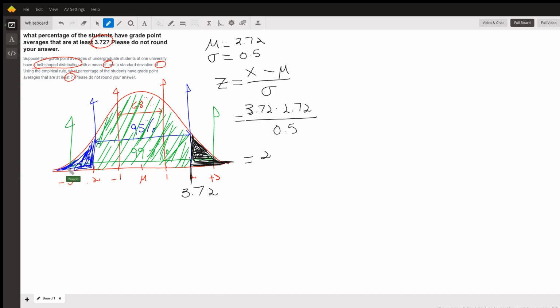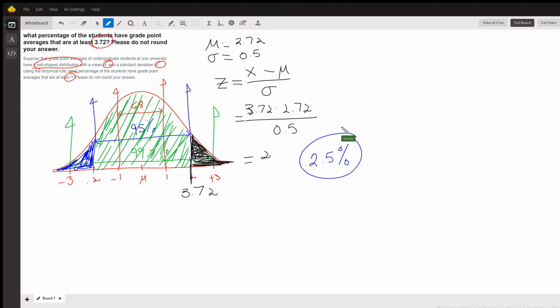So the area in these two tails outside of our 95% is going to be 100 minus 95, which is 5. So the area in both tails is 5%. We're just looking at one of the tails, that's half of that. So half of 5% is 2.5%. So the answer to this question is 2.5%, about 2.5% of all the undergraduate students at this university have grade point averages of at least 3.72.